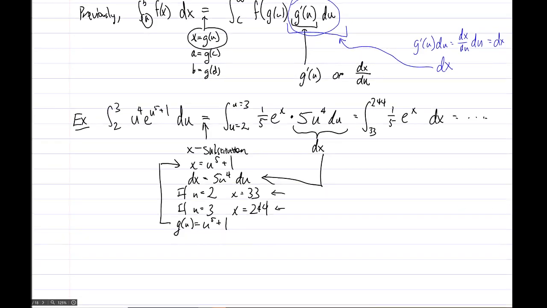Please notice that we had substituted x equals u to the 5th plus 1, and then dx over du is equal to 5u to the 4th. That we saw right here. If you just divide both sides by du, you'll have dx over du is equal to 5u to the 4th.